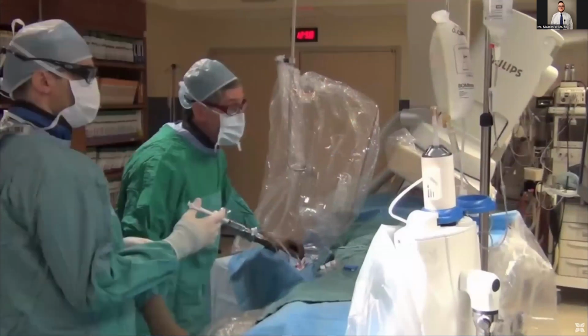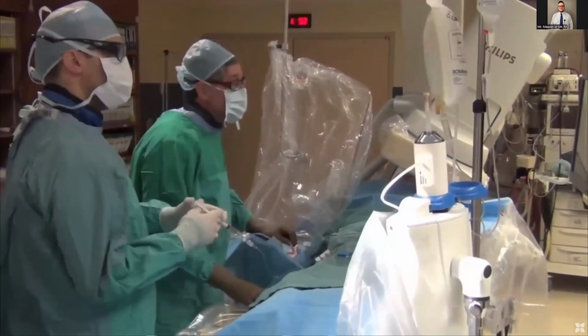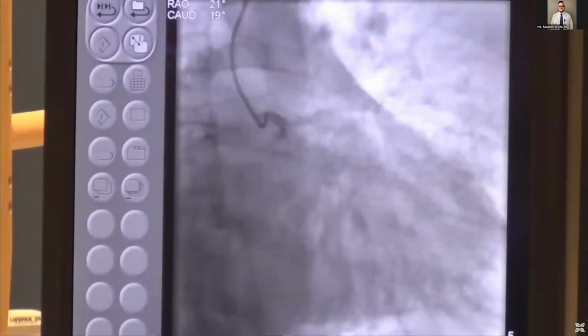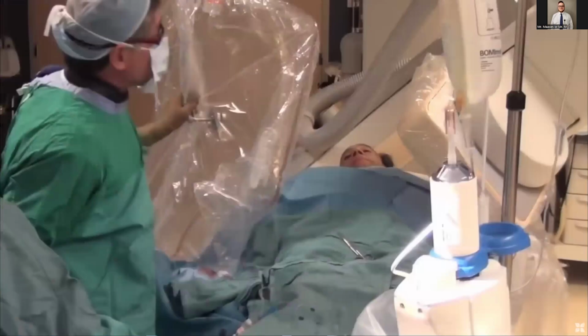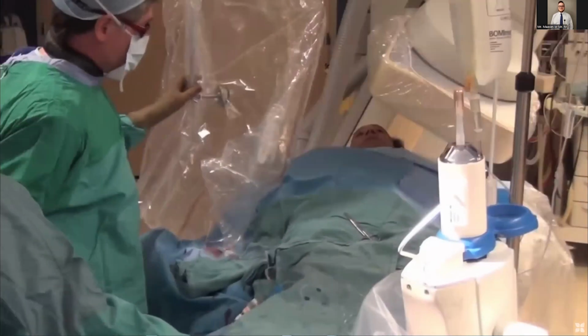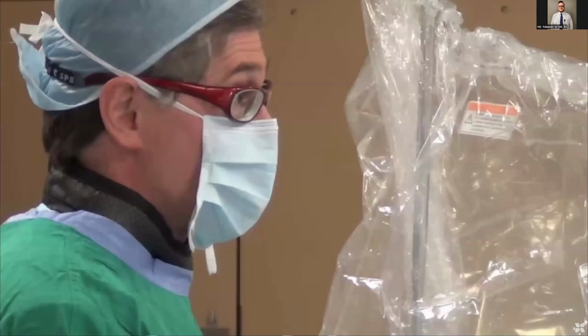Here you can see we are actually injecting the X-ray dye and taking the pictures, and the images are shown in real time on the monitor. We're observing the monitor. We take multiple pictures from different angles. That's why you see the camera being moved around to different projections. Once we've seen the images, sometimes we will proceed with the angioplasty procedure. That's the balloon and stent, right then and there at the same time.